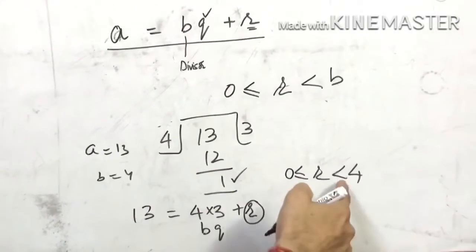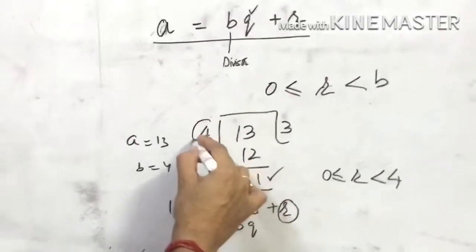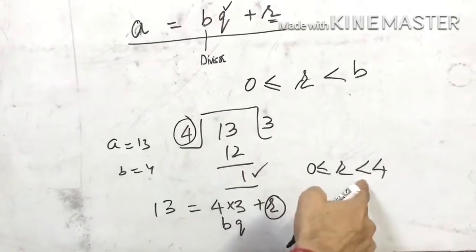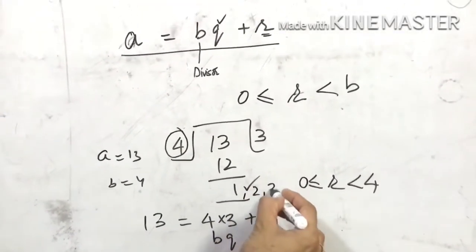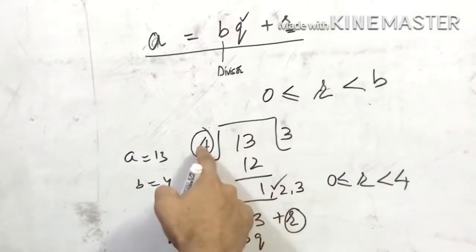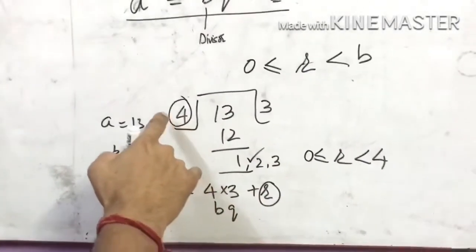Why? Because if it is equal to 4, that means you can divide one more time. So it should be less than that. The remainder can only be 1, 2 or 3. Otherwise, if it is 4, it means you can divide it by 4 again.